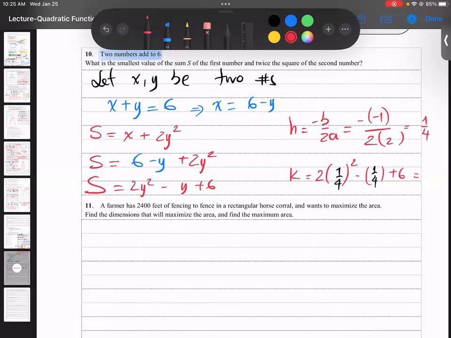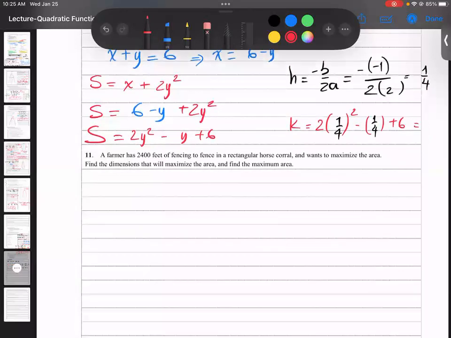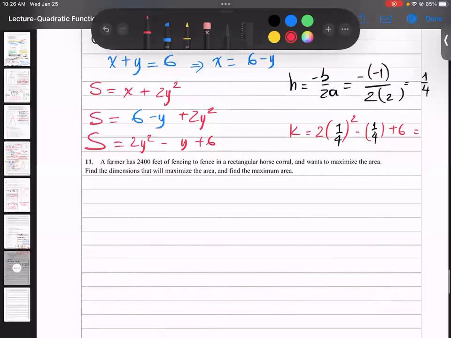Can someone compute that for me? What you got? y, that will be your x, right?